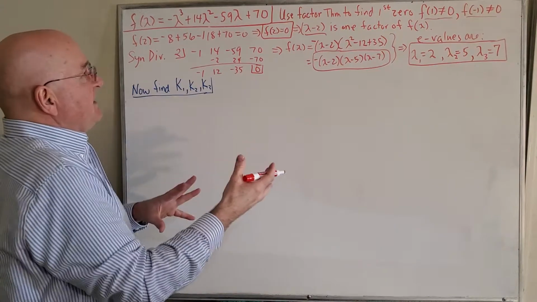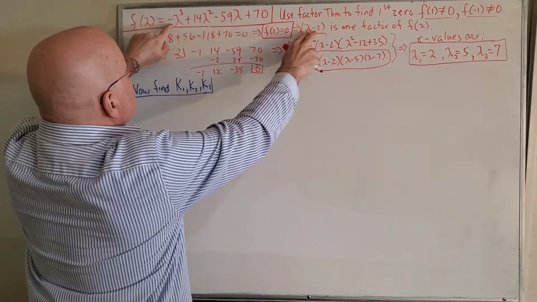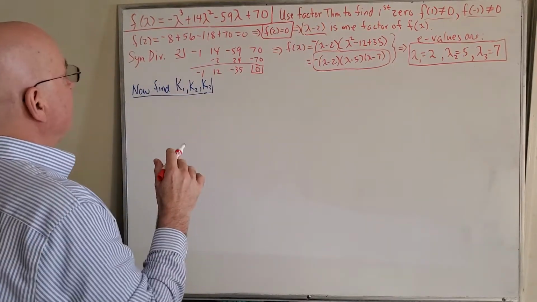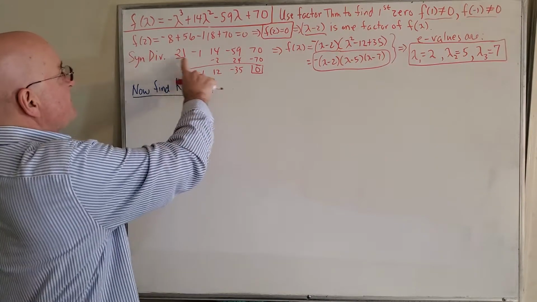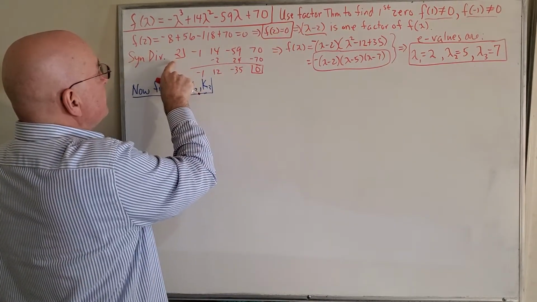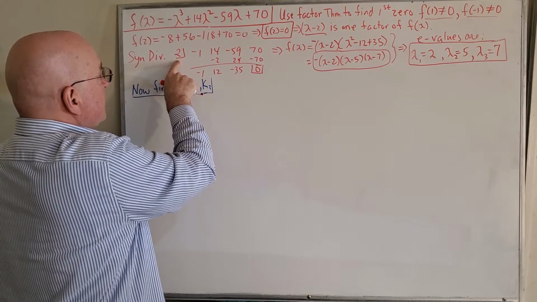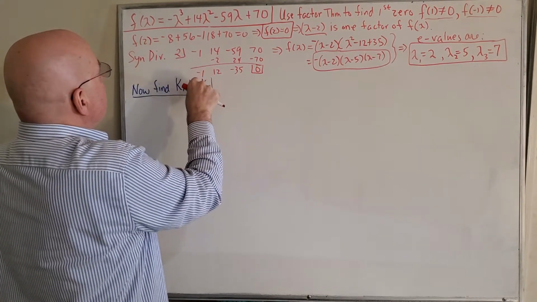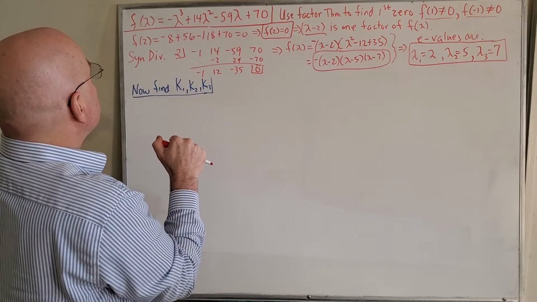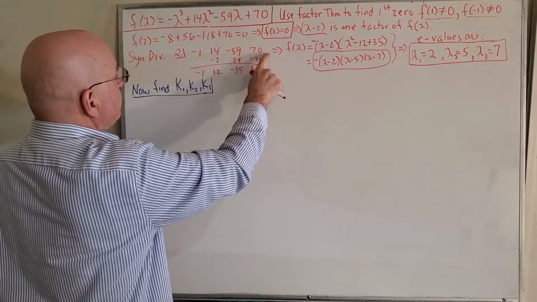So now I need to continue factoring. This polynomial is lambda minus 2 times another polynomial. We can divide it out now and it'll go evenly. So using synthetic division, since f of 2 is 0, I'm going to put 2 in the cup, and I'm going to put the coefficients of -1, 14, -59, 70.